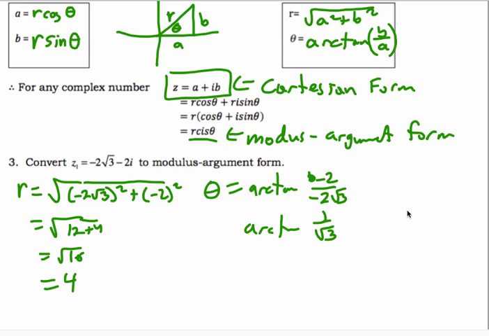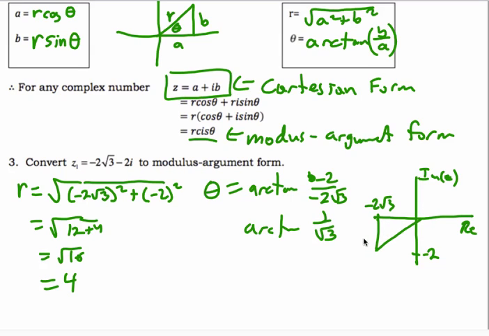So let's draw a little diagram of the complex number. We're over in this quadrant. The real part is negative 2 root 3. The imaginary part is negative 2. You don't need to write the I, this is implied because it's on the imaginary axis. So our triangle looks like this.